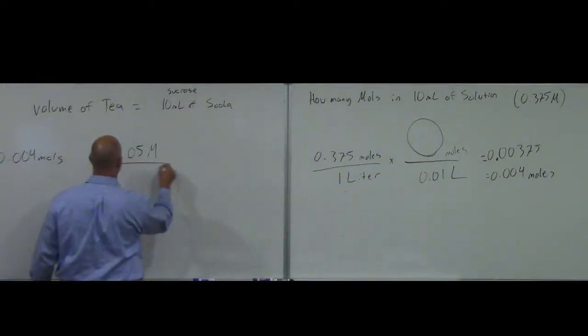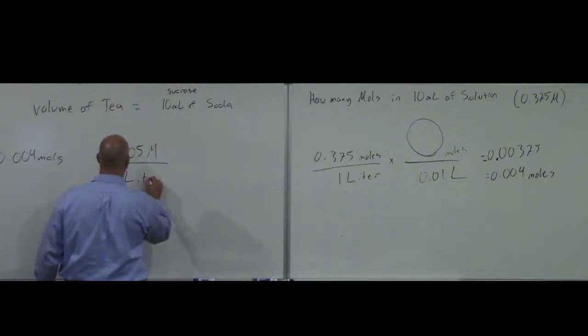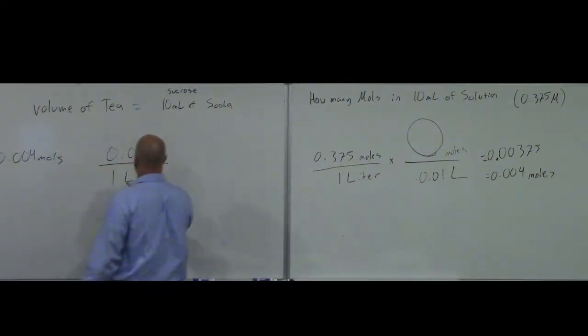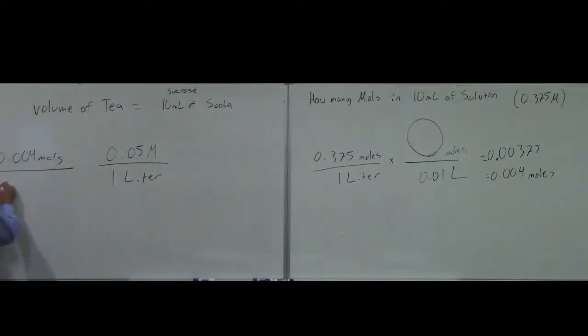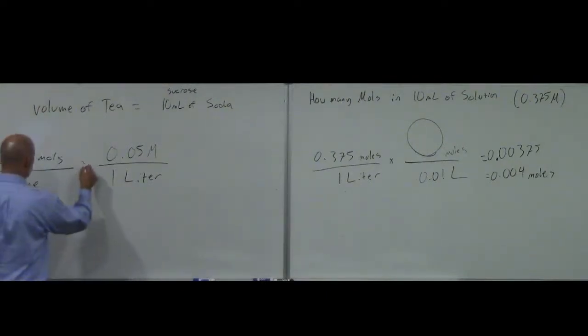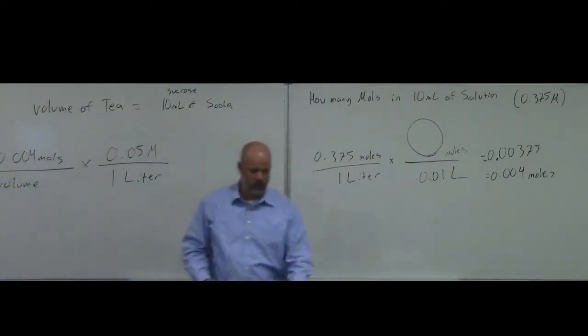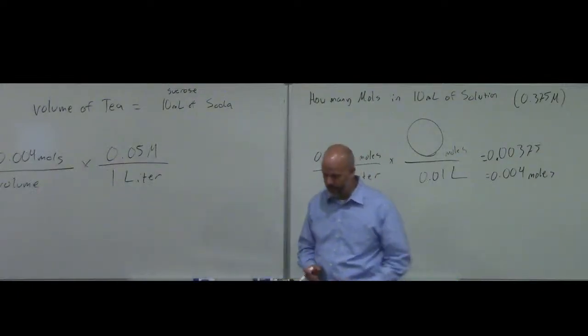Of course, I can set this up as moles per liter, right? 0.05 moles per 1 liter. And then over here, what I'm really looking for is this volume. Which if I have set this problem up correctly, we should be able to solve for, right? So run those numbers, see what you get.